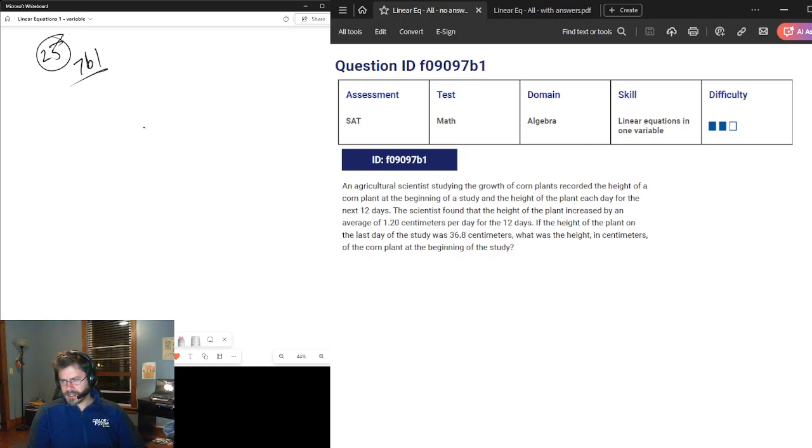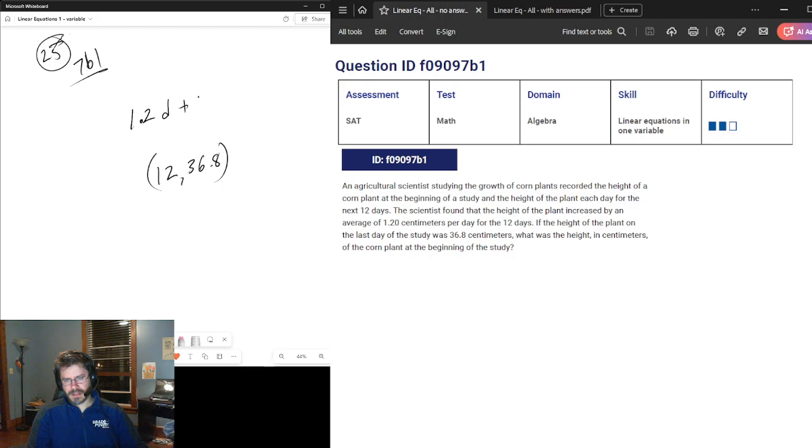Who cares? Next 12 days, who cares? Scientists found the height increased by 1.2 per day. Okay, that's our slope, 1.2 per day. If the height of the plant on the last day of the study was 36.8, so 12 comma 36.8 is a coordinate point, what was the height at the beginning of the study?